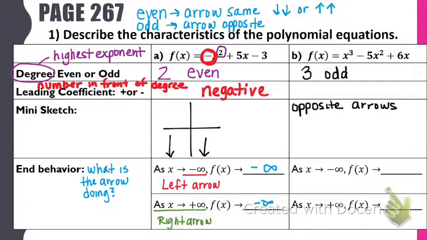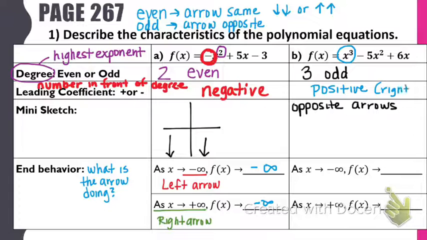Okay? So I'm only looking at this term. And is that term a positive or a negative? Look in front of x cubed. It's positive. Good. So let's write that. This tells me what the arrow is going to do on the right.